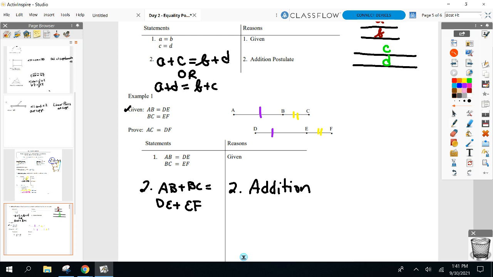Is that my proof statement, though? No, they don't match. So I got to keep going now, because that's got to be my last statement. All right, so we got to add in more before we get there. Ready? AB plus BC. Give me another name for it. So can I just, instead of AB plus BC, plug in AC?